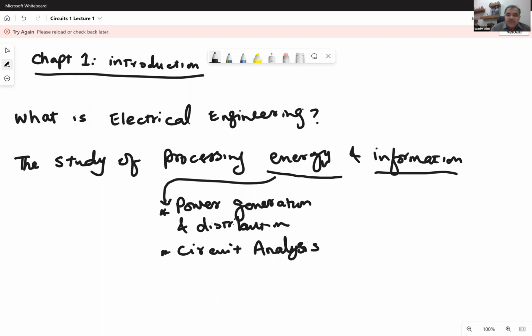Circuit analysis is a very big component of this area.